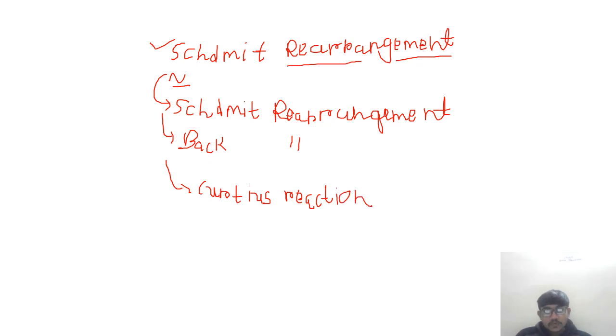Then if you know Hoffman bromamide degradation, also known as Hoffman degradation of amide, there is a formation of amine that takes place.